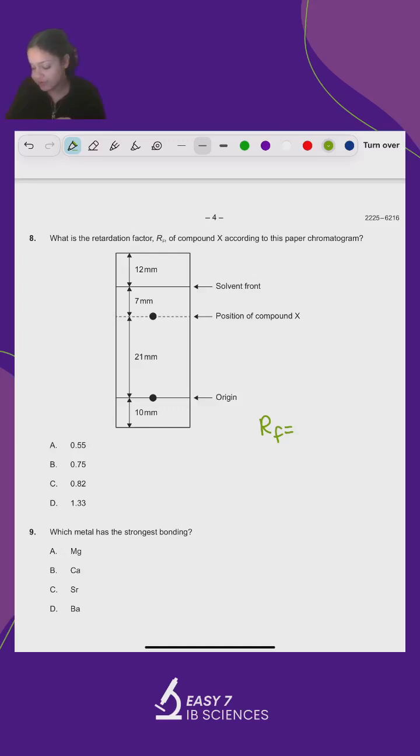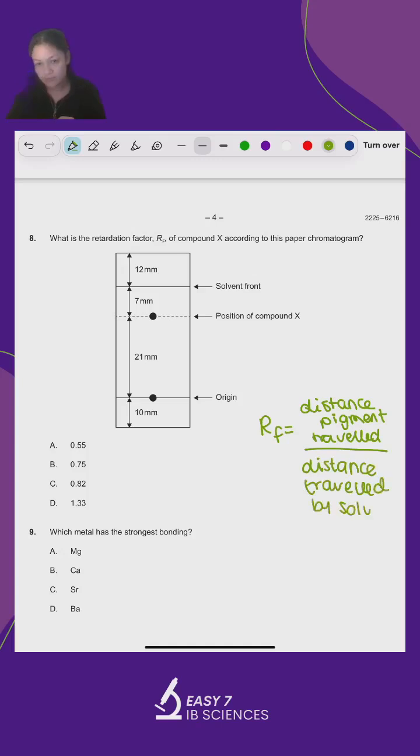So the RF is going to be the distance that the pigment has traveled over the distance traveled by the solvent. So RF is the distance traveled by the pigment over the distance traveled by the solvent.